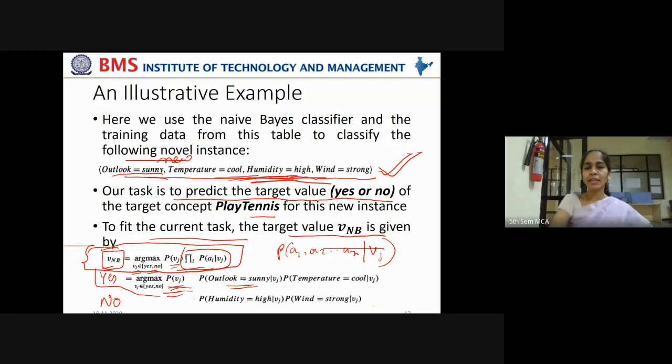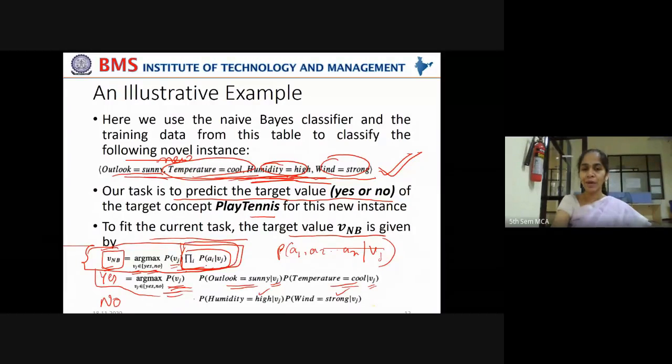Probability of outlook equal to sunny given the outcome label yes. Probability of temperature cool given the outcome label yes. Probability of humidity high given the outcome label yes. Probability of wind equal to strong given the outcome label yes. You are multiplying all of them. That is what we mean here, right?